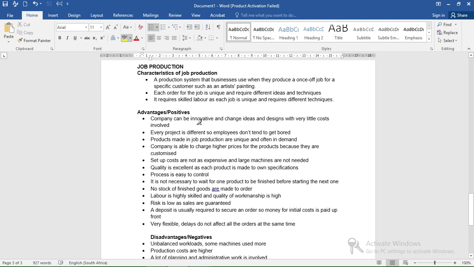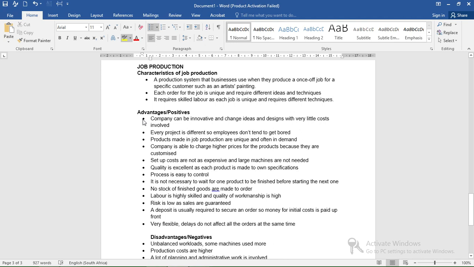Because they get interrupted, they get disturbed. You stop once and start another thing. But mass production is called continuous production or uninterrupted production because it continues to flow, right, without any disturbances or interruptions.